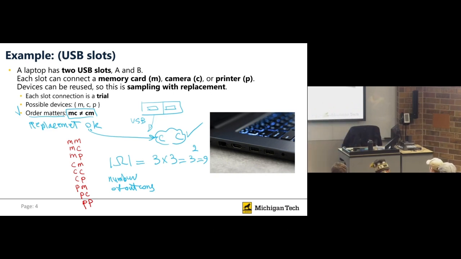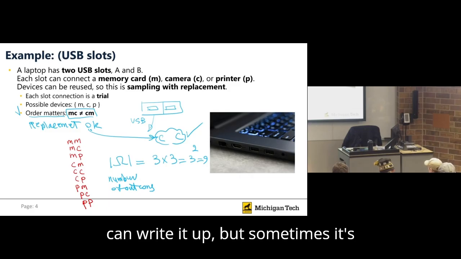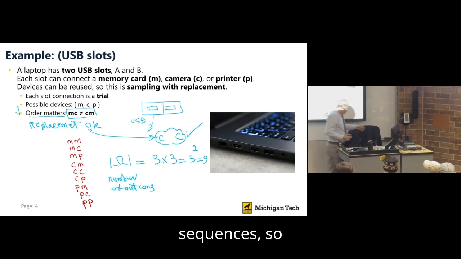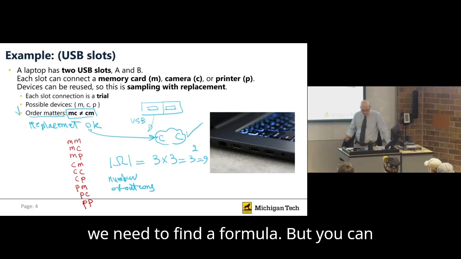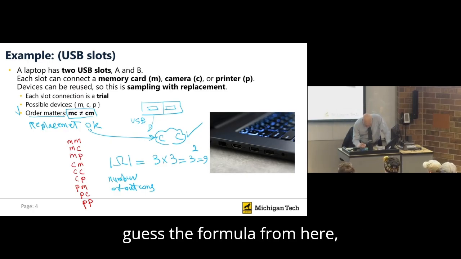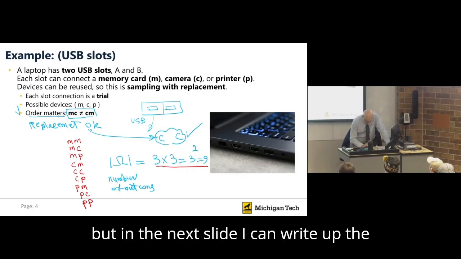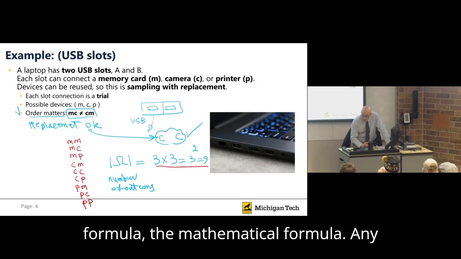Okay, so this was something simple that we can count, we can write it up, but sometimes it's hard to write all the sequences. So we need to find a formula. You can guess the formula from here, but in the next slide I can write up the mathematical formula.